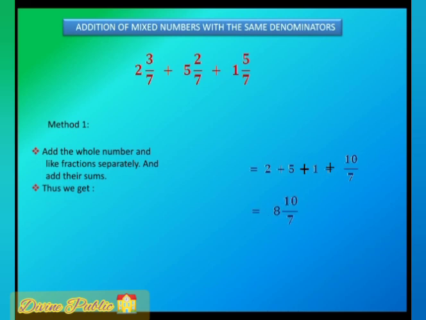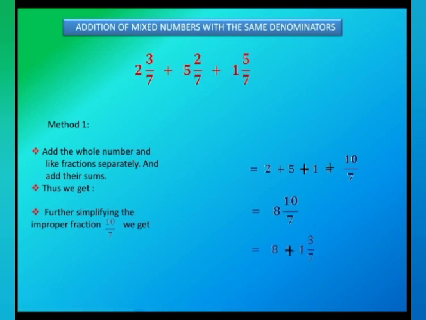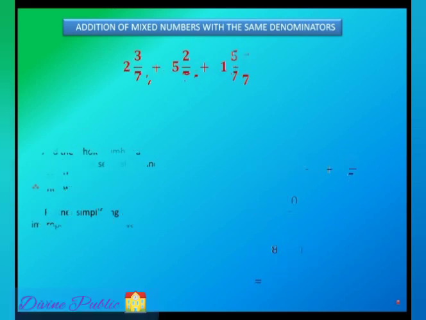So we will get 8 whole 10 upon 7. Further simplifying the improper fraction 10 by 7, we will convert this again into a mixed fraction. So 8 plus 1 whole 3 upon 7, so in total that will be 9 whole 3 upon 7.